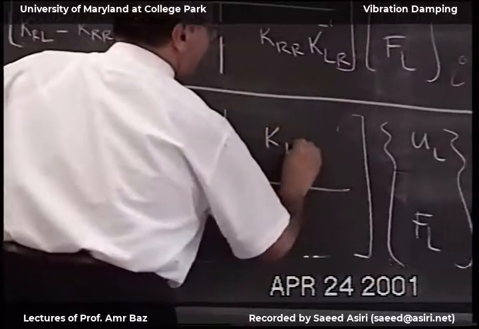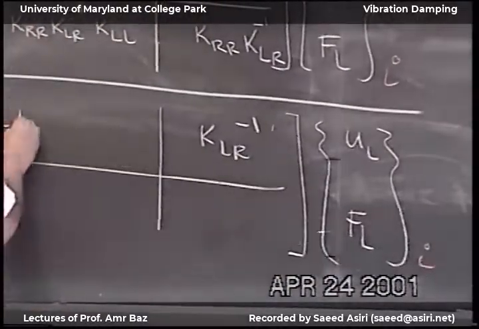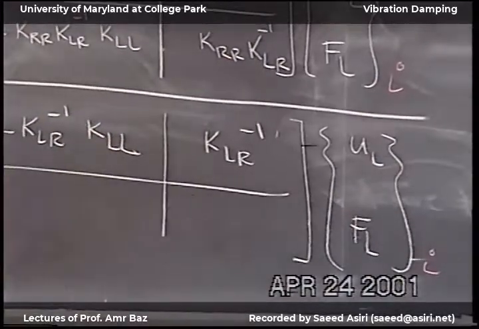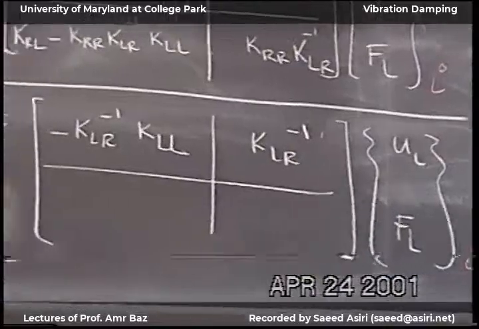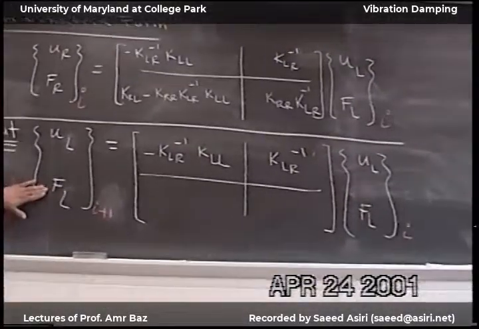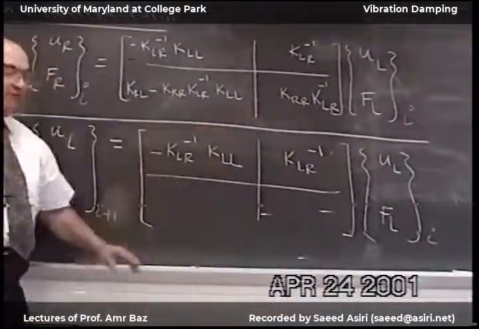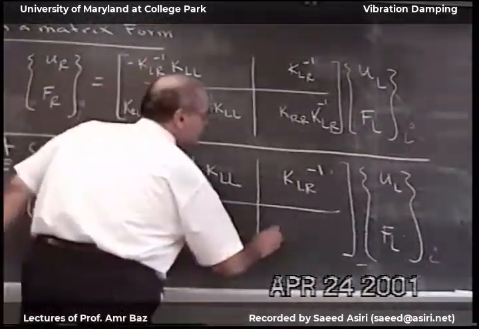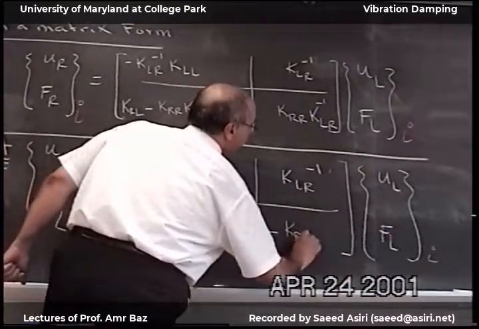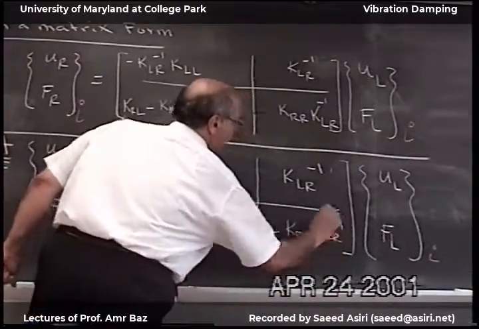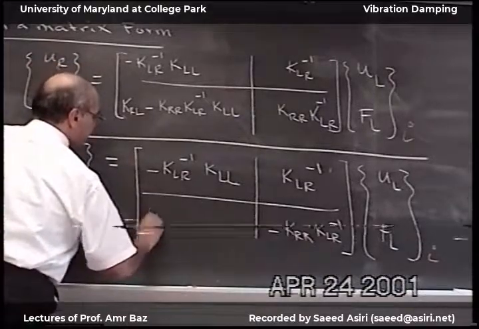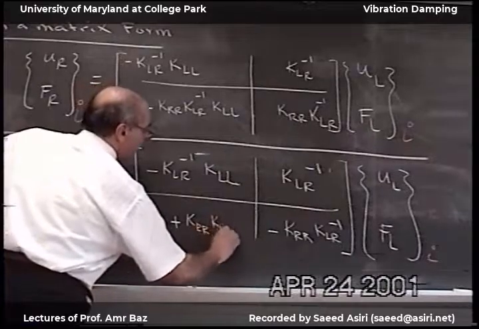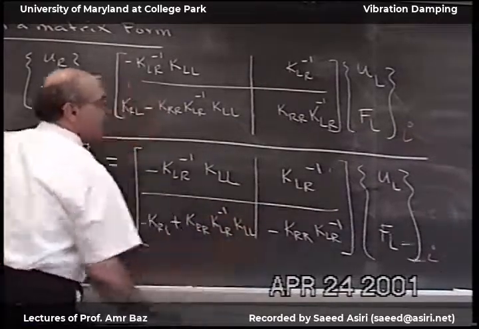This will be KLR inverse. Now, instead of leaving this negative here, I'm going to take this negative out and multiply the row by negative. So I'm going to remove this out. And then I have here minus. And then here will be minus KLL.